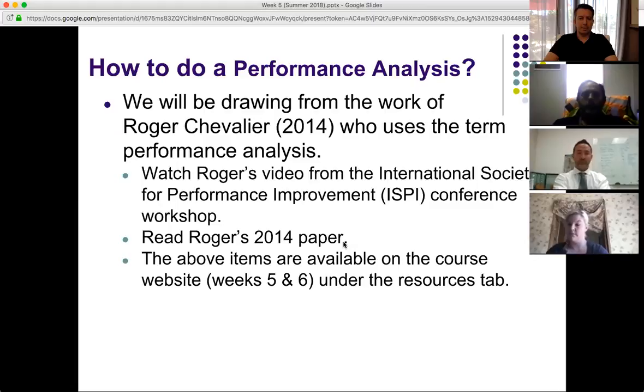He has written papers on this, and he has also written the book that we use for this course. Not all of the chapters of the book are going to be relevant to this particular section of the course, but the book itself is a solid book for supervisors and managers when you want to use data to drive your leadership style and management style.